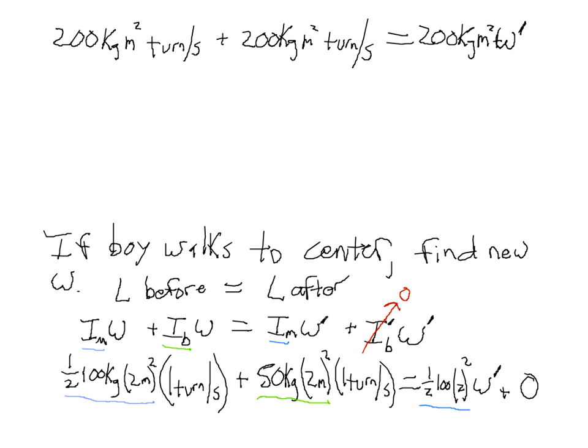So if I add 200 and 200, I get 400 kilogram meters squared turns per second.